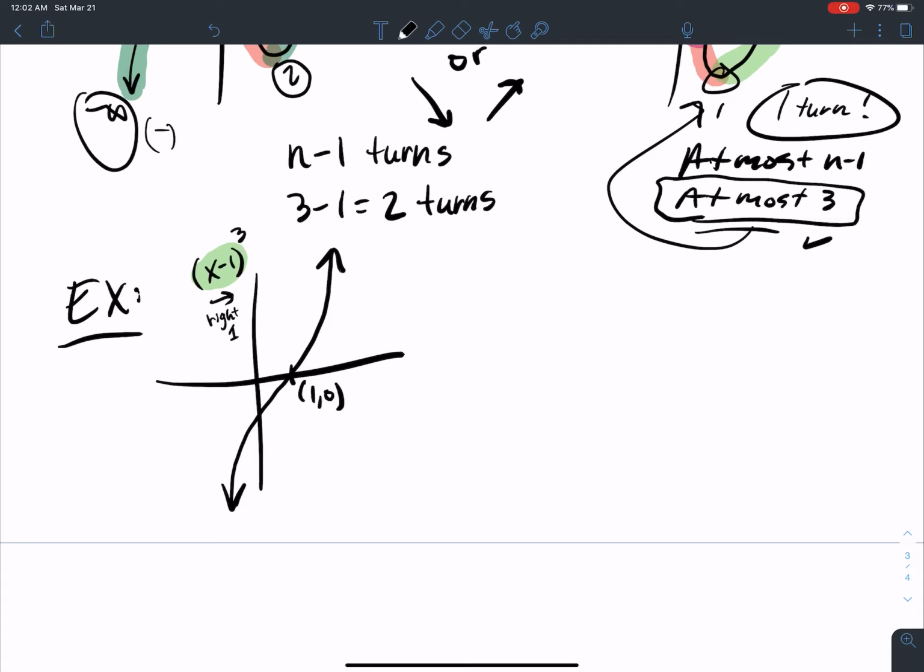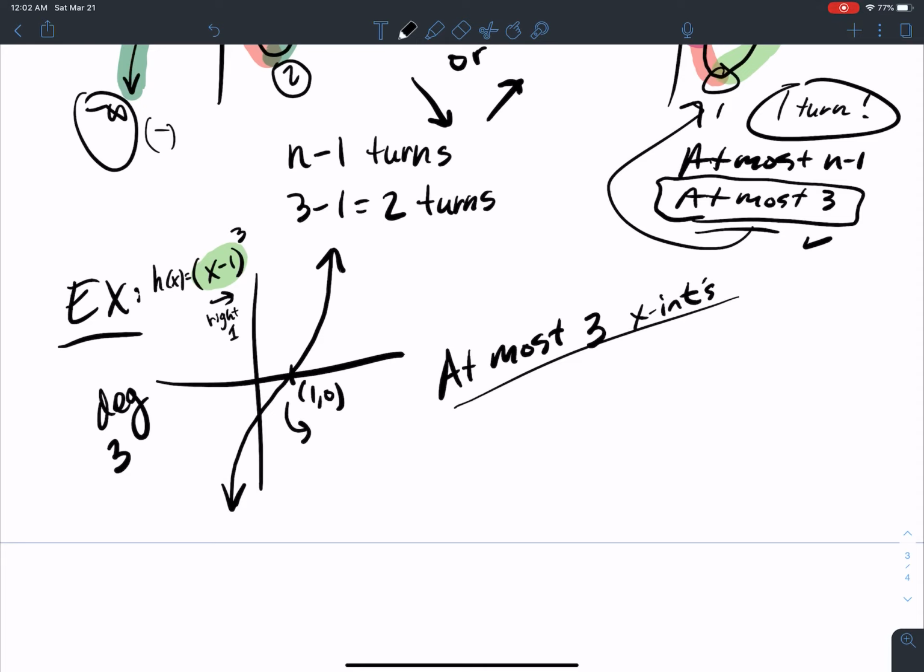When I look at this, a cubic has a degree 3. So what does that tell me? At most 3 x-intercepts, okay? For this particular one, there's only one x-intercept, just this one right here. The multiplicity is 3, all right? There's 3 copies of it.